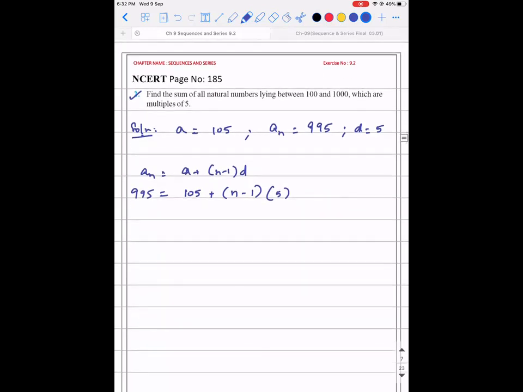So 995 minus 105 is 890, which will be equal to n minus 1 into 5. This will go how many times? 178. Yes. So n will be 179. So the number of terms are 179.